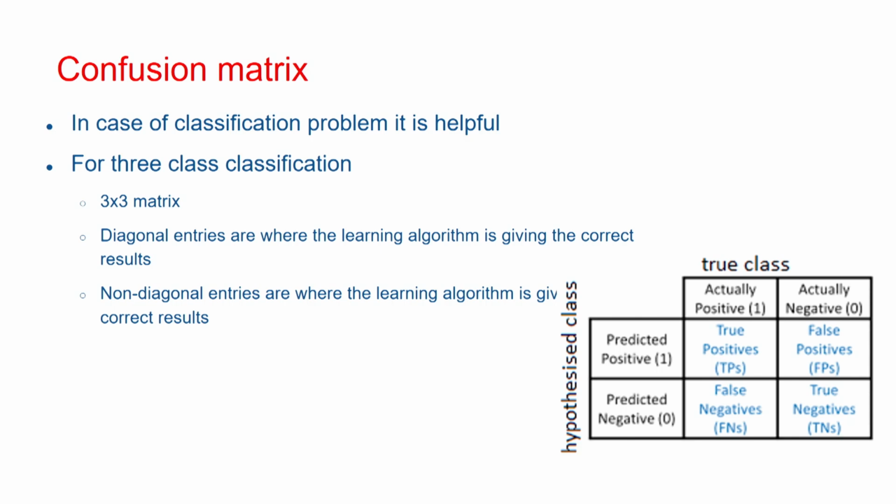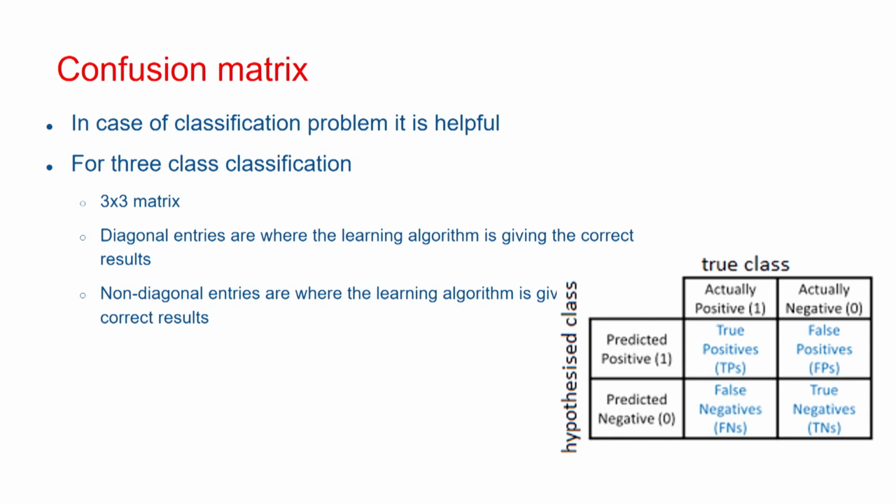It means these instances were actually positive and the machine learning algorithm also predicted them as positive. In the same way, if we have suppose 5 in the second entry of this confusion matrix, then we will say that there are 5 false positive instances. These 5 instances were actually negative, but the machine learning algorithm falsely predicted them as positive, and that is why they are called false positives.